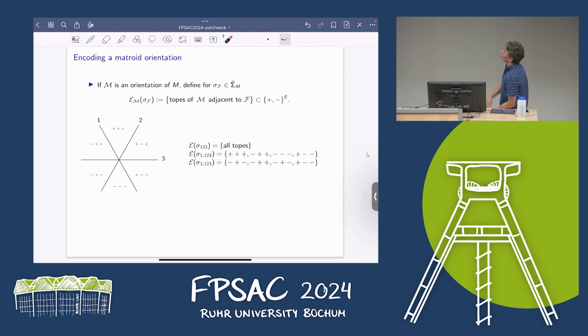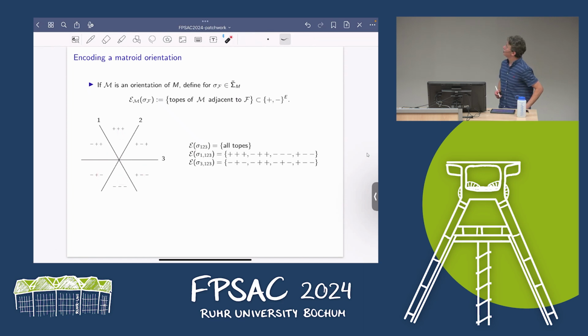It's going to be a set of topes, so these are a set of plus-minus E-tuples, the so-called topes of the oriented matroid that are adjacent to the flag. Here if I take the flag to be just the single flat 1, 2, 3, so that's this point here, adjacent means the tope has to literally touch just that single flat. So that's everybody, all of these 6.